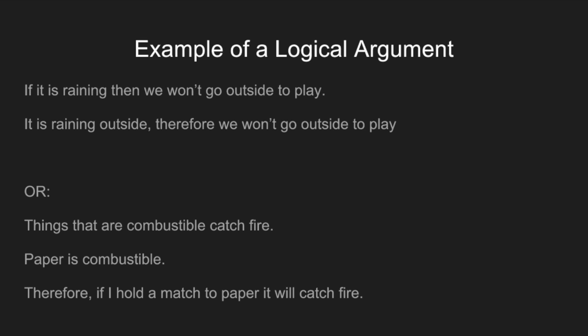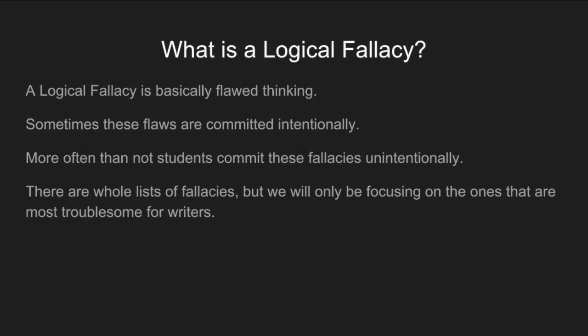Or things that are combustible catch fire. Paper is combustible, therefore if I hold a match to paper it will catch fire. So you can see how those things work, and we'll keep it simple with those examples for right now, but I think you can kind of see a logical progression, right? So logical fallacy is flawed thinking.